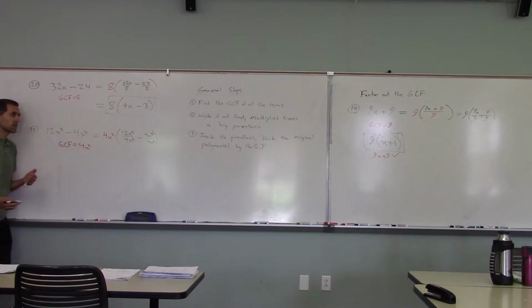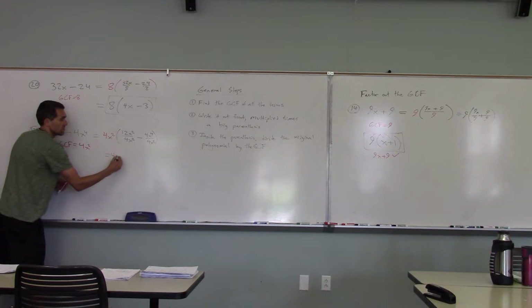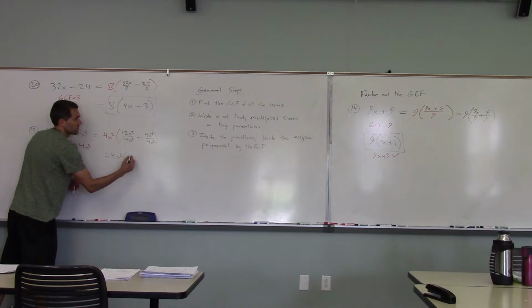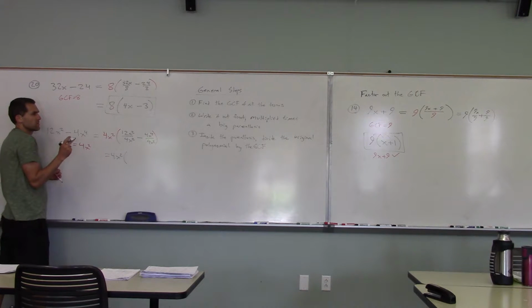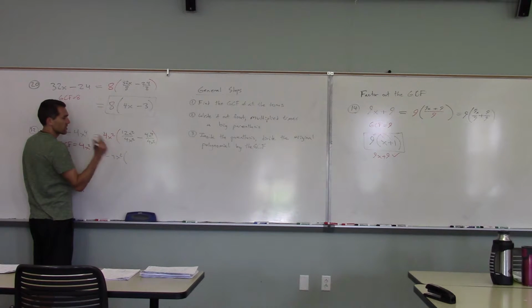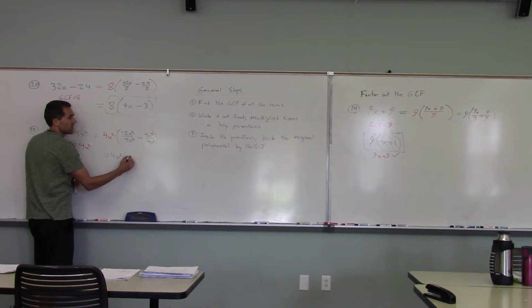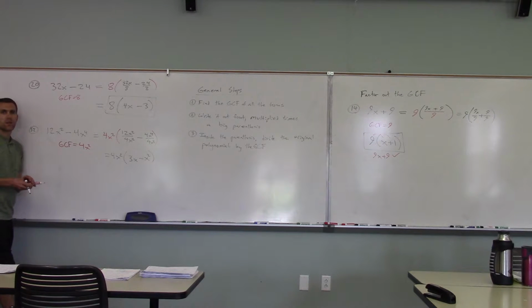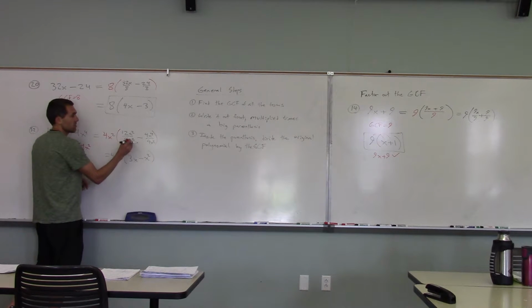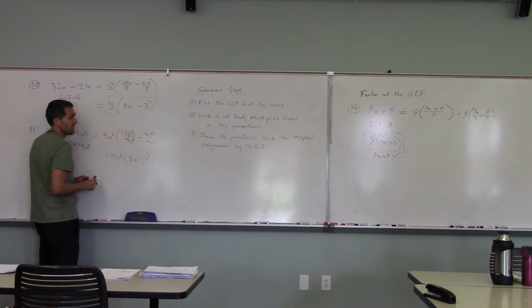And so what do we get in parentheses? 3x minus x squared. So we have the 4x squared out front, and then inside, 3x minus x squared. Close. One little difference there, maybe just 3. Yeah, just 3. Anytime you divide something by itself, we get 1.